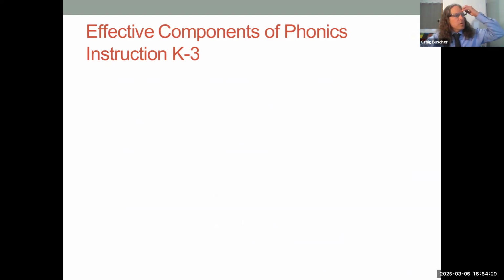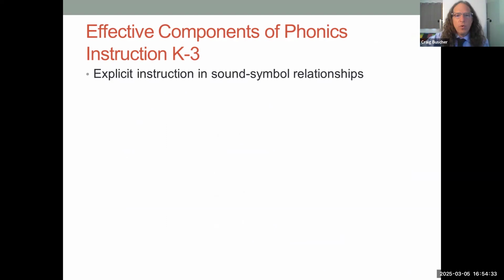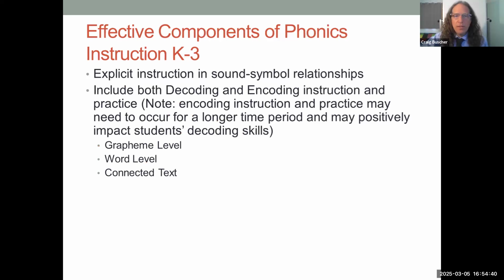All right, so I'll share just a couple more things really quickly. When you're thinking about phonics instruction, you do want to be really explicit. These students who have this word reading issue need you to be super explicit in teaching those sound-symbol correspondences. We talked about before how this often doesn't go away.